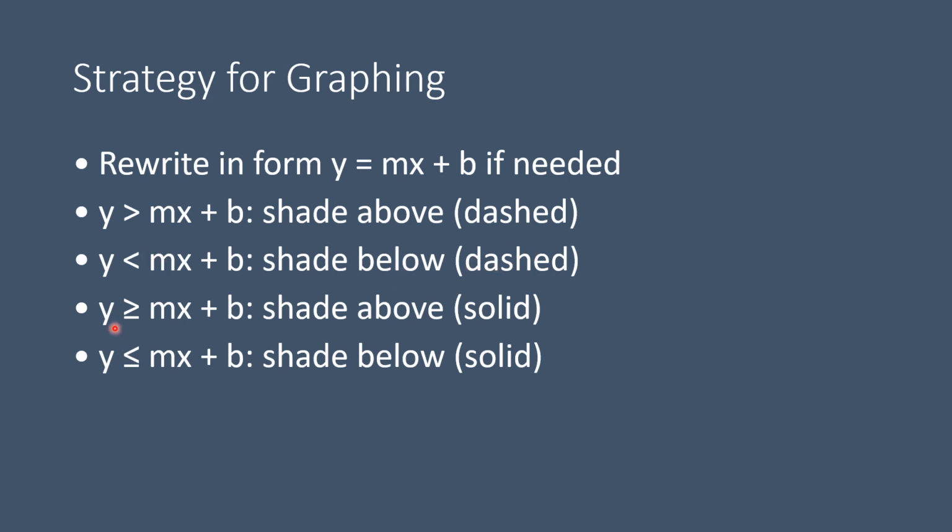But when we use greater than or equal to for this particular function as an example, then we shade above the line, but this time we are not going to use a dashed line, but rather a solid line, meaning the borderline is also part of the solution. The same applies to this one. We are going to shade below the line, and this time it is going to be a solid line, meaning the borderline is part of the solution.